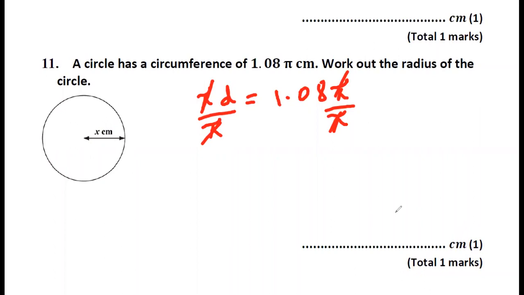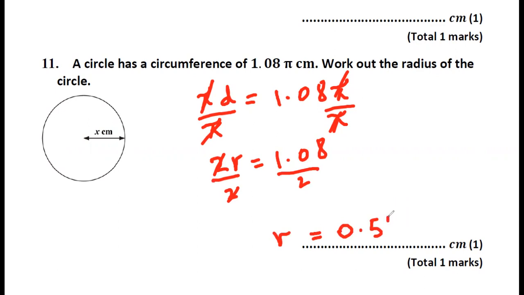As we know that diameter is equal to 2 times the radius, instead of d, we can write 2 times r, and that is equal to 1.08. And if we divide both sides by 2, we should get r equals 0.54 centimeters.